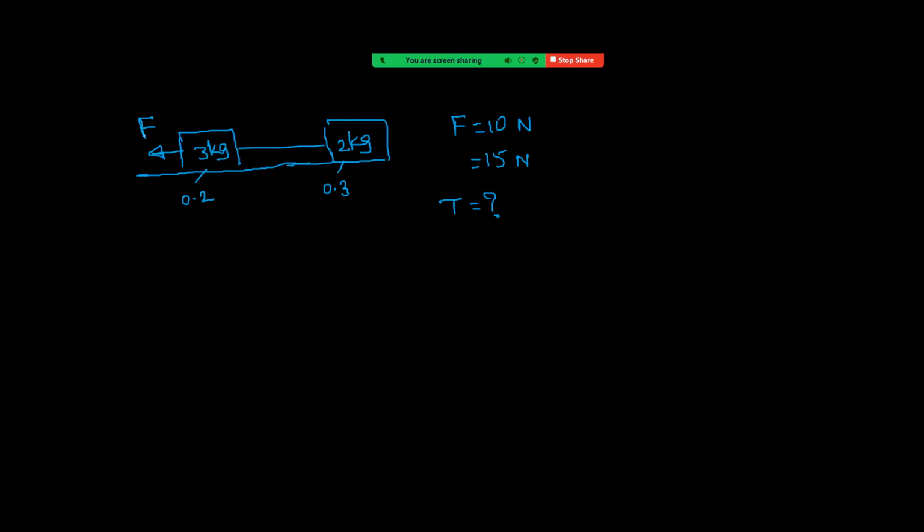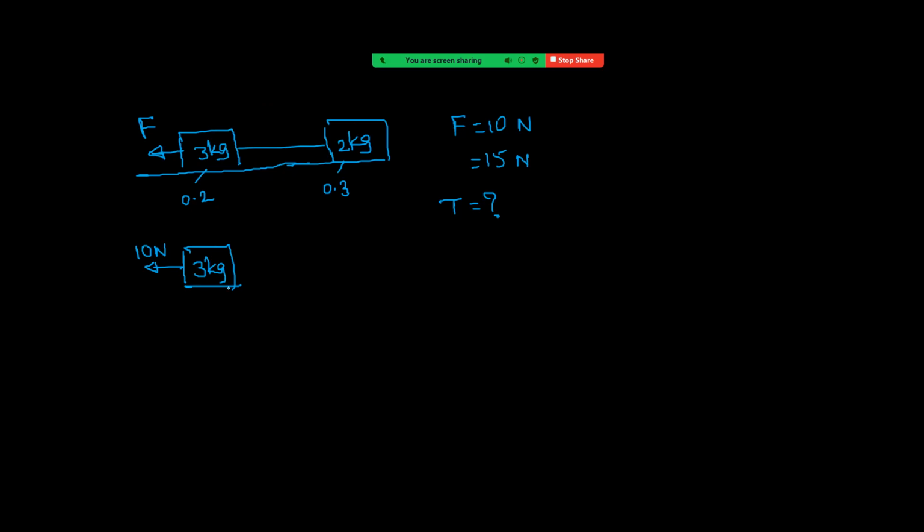When we apply 12 Newton here, the system is about to move. And if we apply a force slightly more than 12, the system comes into motion. Okay, right. So now on each block net force must be 0. So I am focusing on the free body diagram for each block separately, applying a force of 10.